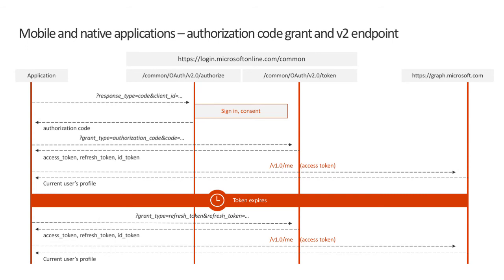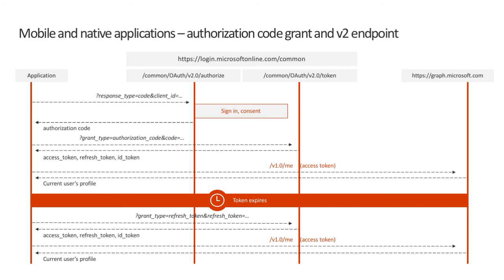So next up, let's talk a little bit about the mobile applications and native applications and the authorization grant flow in V2. This works a lot like we saw previously in the console application. First, the user is going to go to the authorize endpoint for Azure AD.